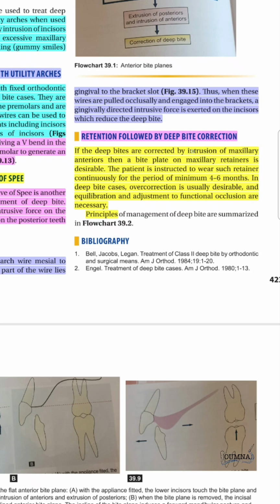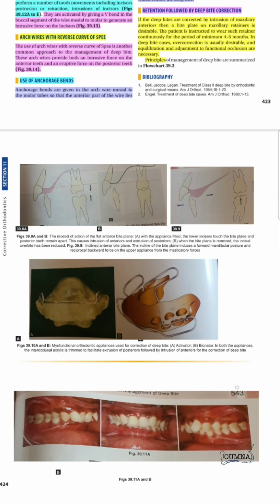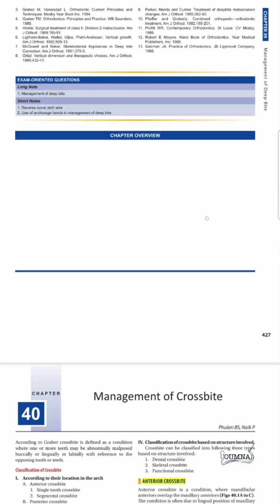So use a retainer that has an anterior bite plate for 4 to 6 months, and in these cases overcorrection is usually desirable, which means to overcorrect the deep bite so we can get a shallow bite to an extent, to take into account that some relapse may happen to some degree, and we get at the end an equilibrium result that is sufficient for the patient. That's it.